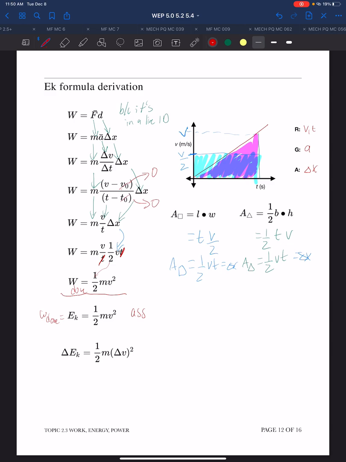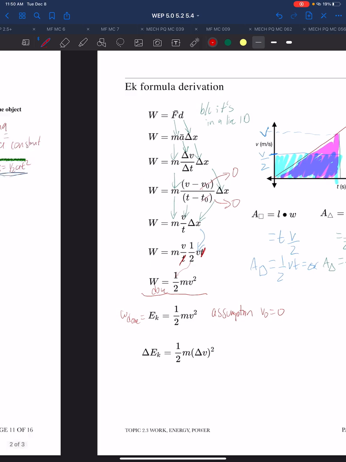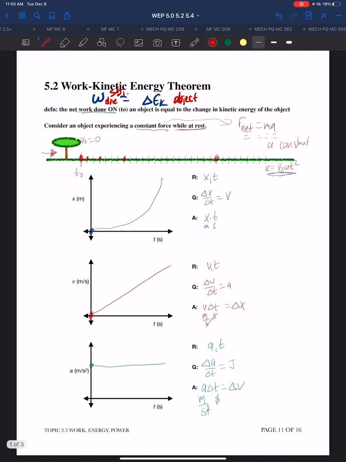And the assumption here is v0 equals 0. Well, what we can see is that if we go back and look at our motion along the path, there is a certain amount of kinetic energy that's gained here, and a certain amount of kinetic energy that's gained here, and here, and here.